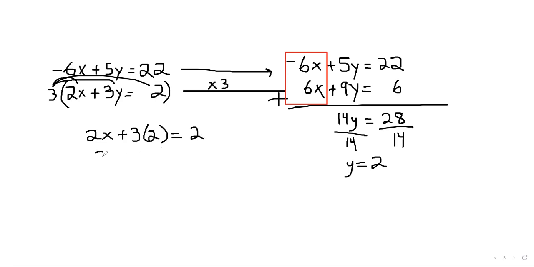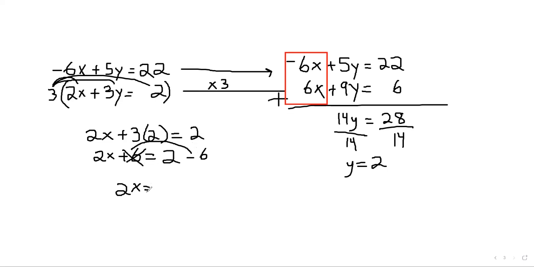And now we have 2x plus 6, that's 3 times 2, of course, equals 2. That positive 6 is going to jump and become a negative 6 over here. Okay, so boom, baby, she's gone. We have 2x equals, well, what's 2 minus 6?